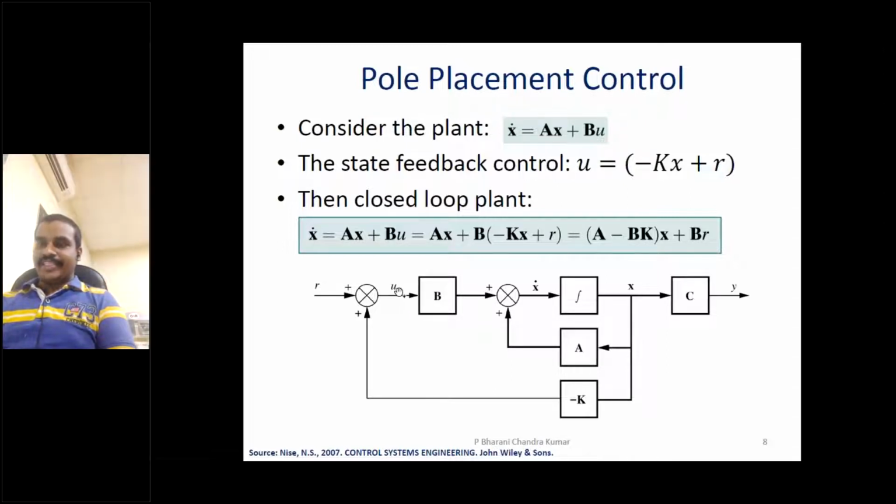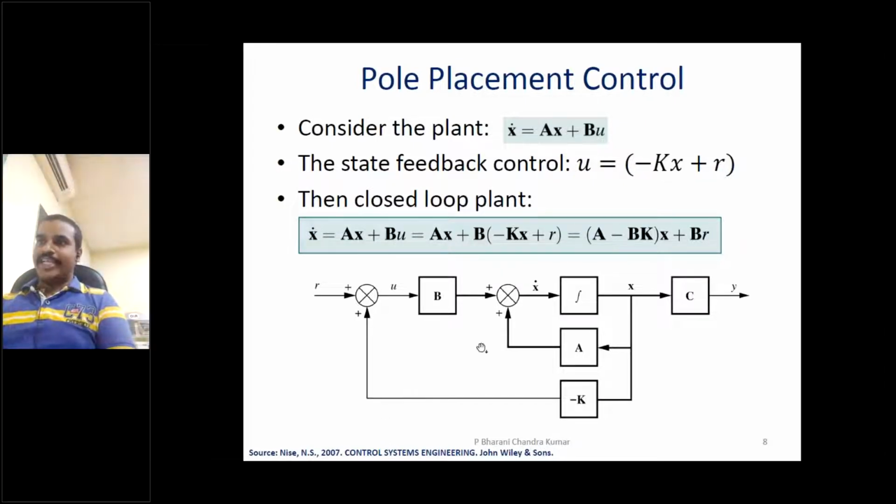But u is nothing but minus kx plus r. So this is minus k into x, since the minus is absorbed here, plus r. So u is minus k into x plus r. So this summation block, and x dot equal to ax plus bu, then y equal to cx is the same thing. So this is the whole structure of the pole placement controller.